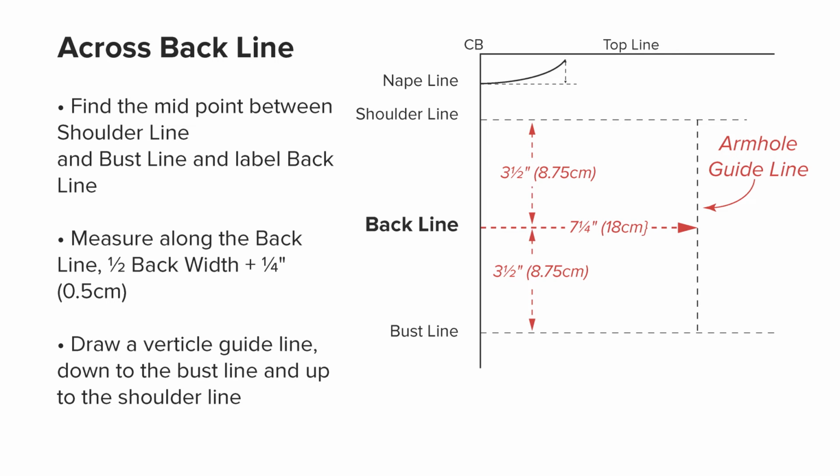Measure along the back line half the back width plus 1/4 inch, 0.5 centimetres. From this point, square down to the bust line and up to the shoulder line. This is the armhole guide line.